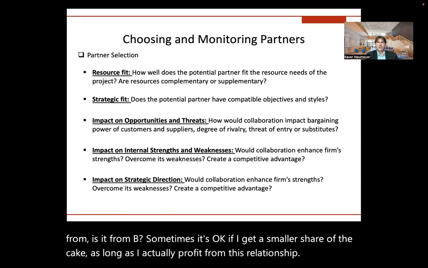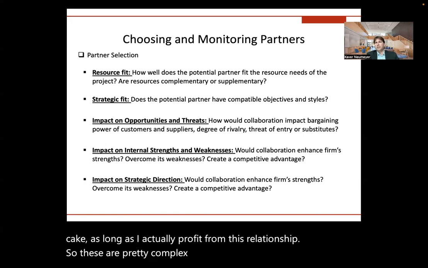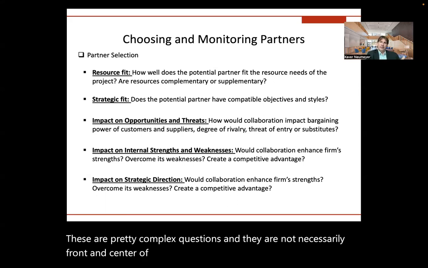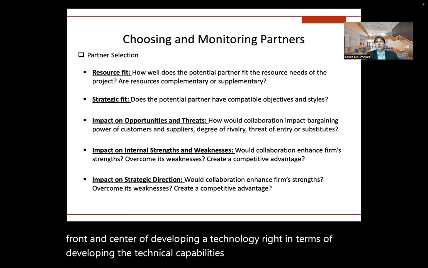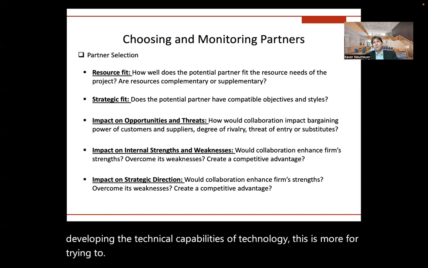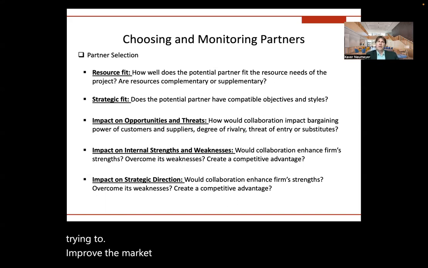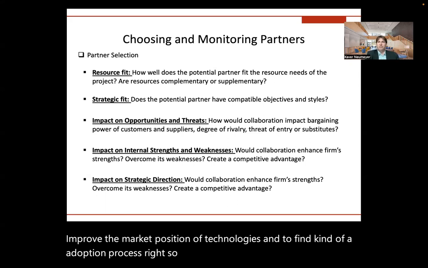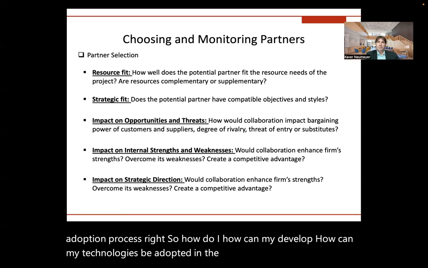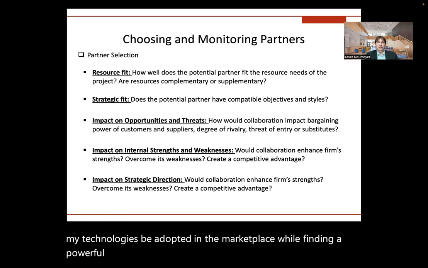Anyway, these are pretty complex questions, and they are not necessarily front and center of developing the technical capabilities of the technology. This is more about improving the market position of technologies and finding an adoption process. So how can my technologies be adopted in the marketplace? Well, finding a powerful partner can help me a lot in doing that.